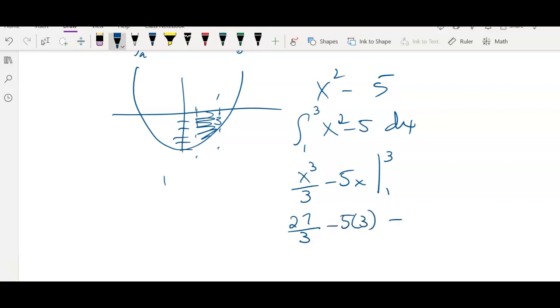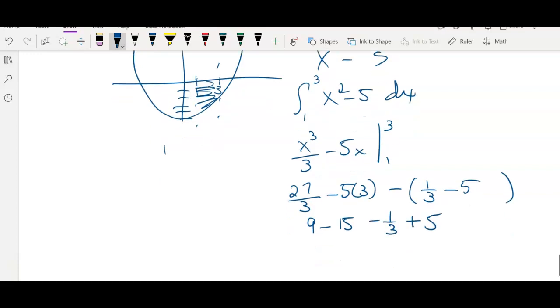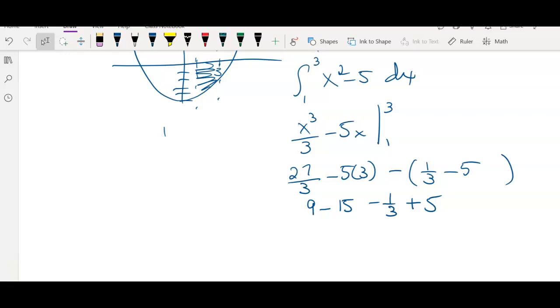Minus, plug in 1. All right, what's 27 over 3? Minus 15. Minus a third. Plus 5. That's negative 10, negative 1 minus 3. Negative 1.333, correct? I just want to prove to you it's negative.